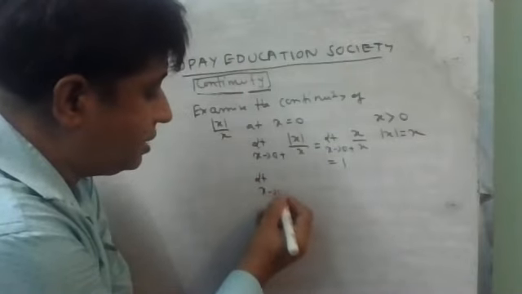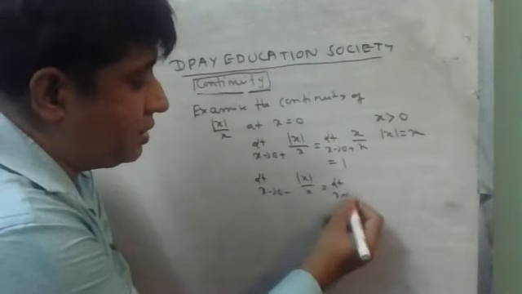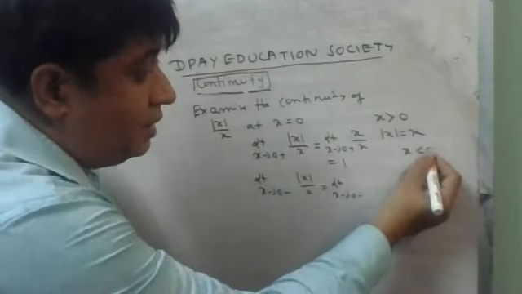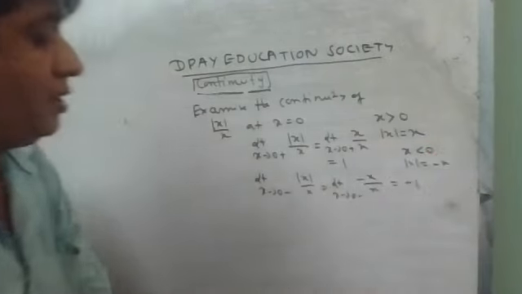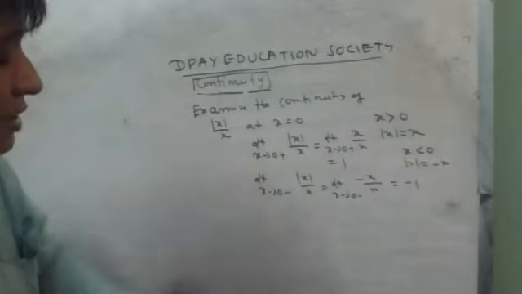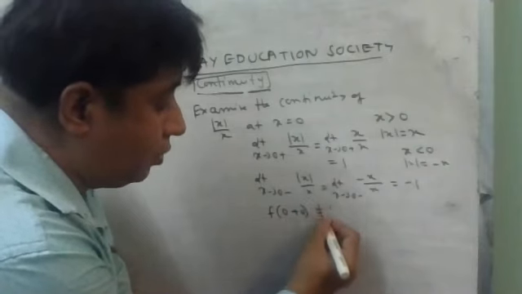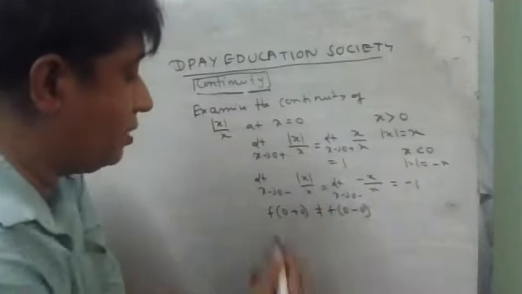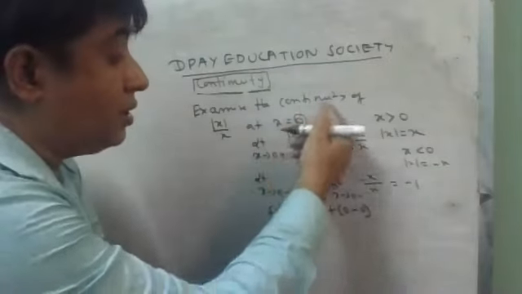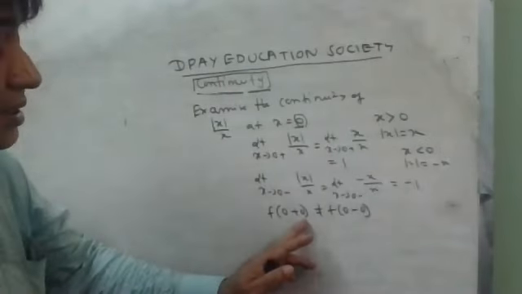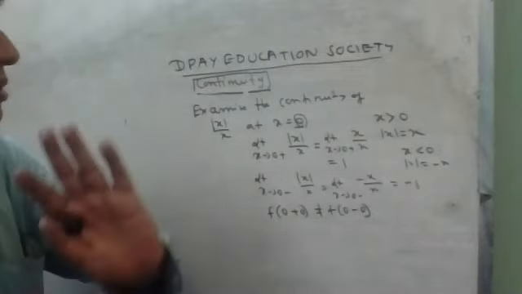And limit x tends to 0 minus of mod x by x. As x tends to 0 minus, x is less than 0, which means mod x will be minus x, so minus x by x is minus 1. So automatically we have seen that f(0 plus 0) is not equal to f(0 minus 0), because we are told to examine the continuity at x equals 0.